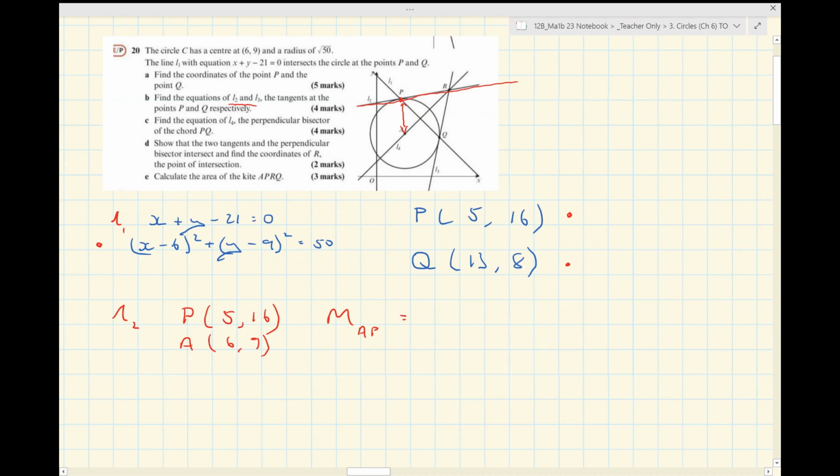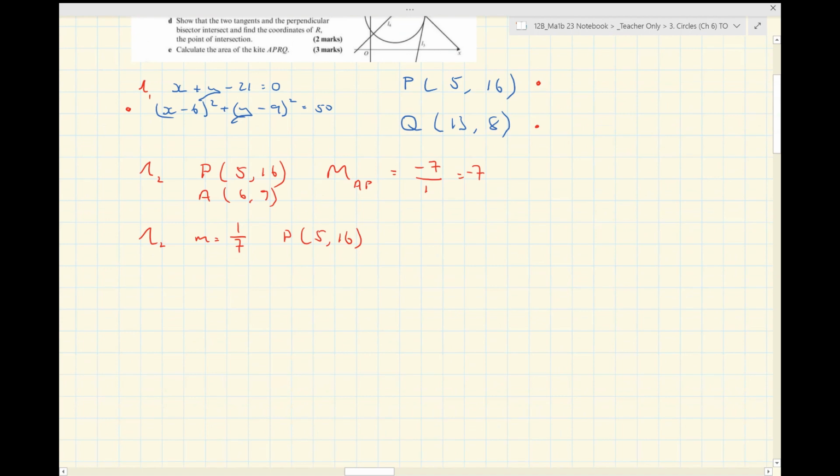The gradient of AP is going to be minus 7 over 1, which is minus 7. Okay, so that means that the gradient of L2 is going to be a 7th, and I know that L2 goes through the point P. There you go, I've got what I need to write down the equation of L2 now. y minus 16 equals 1/7 of (x minus 5).